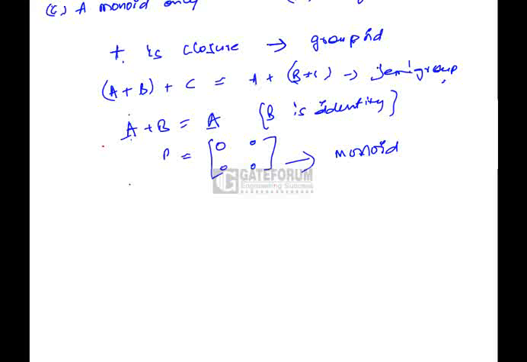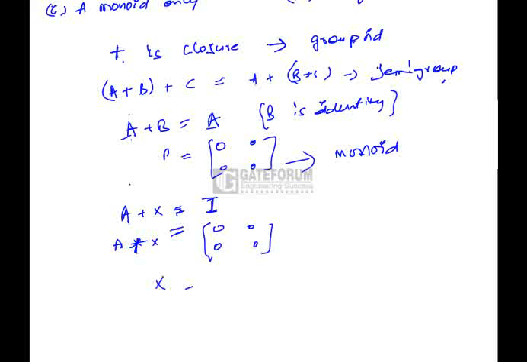So let us check if this contains an inverse element or not. Let us say X is an inverse. So A plus X must be equal to the identity element. Here the identity element is 0 0 0 0, so A plus X must be equal to 0 0 0 0.